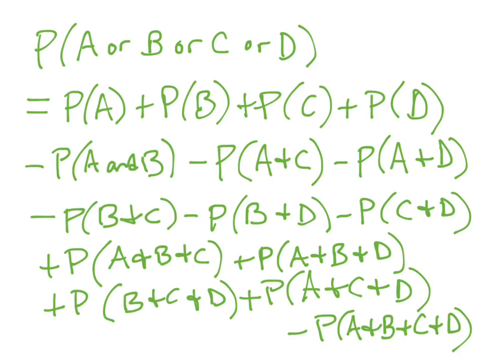And if you were to extend this to 5 things, then you would just add up the probabilities of all 5, subtract the probabilities of pairs of 2, add the probabilities of groups of 3, subtract the probability of groups of 4, and then finally add the probability of groups of 5.